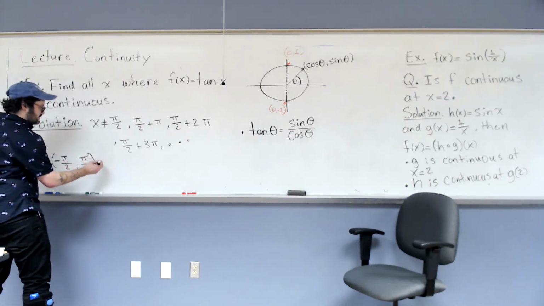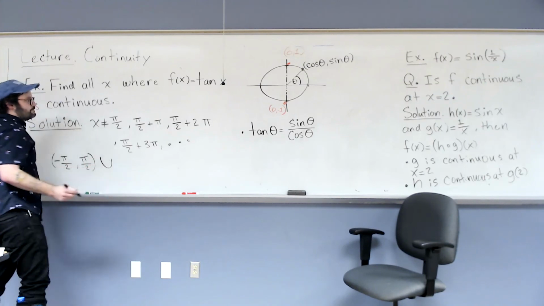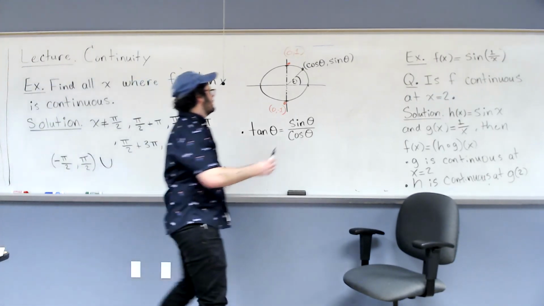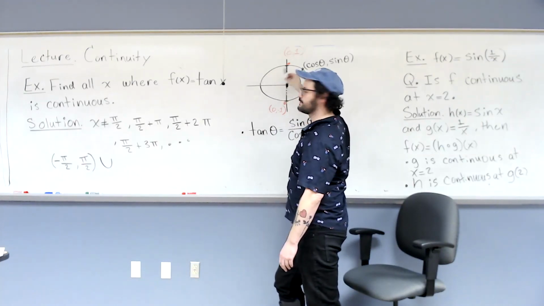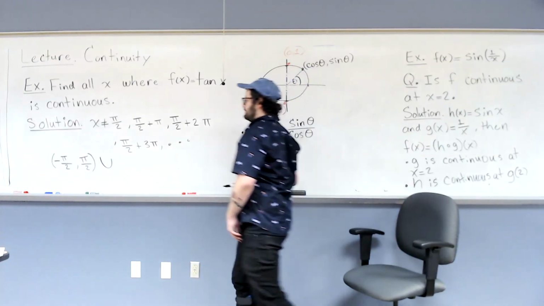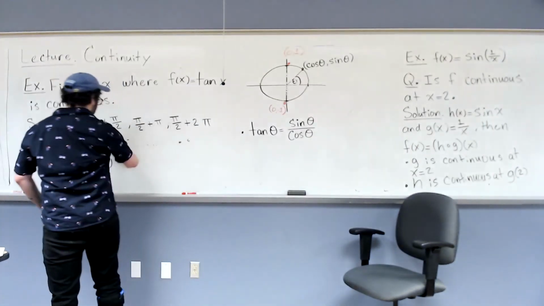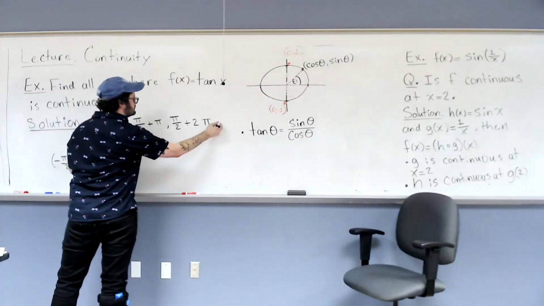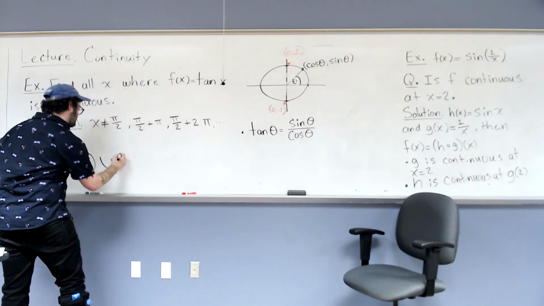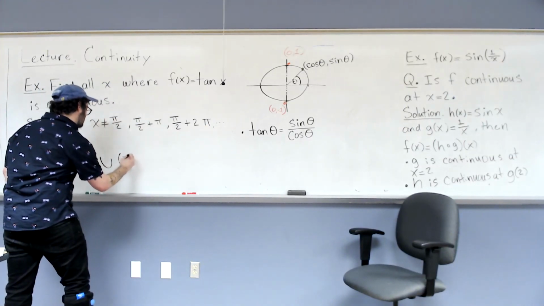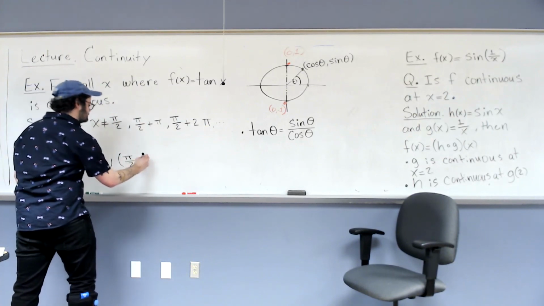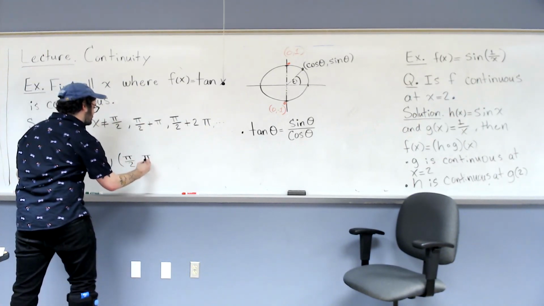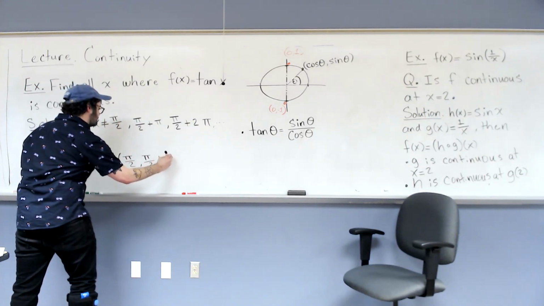But then it's going to be good from here to there, right? Non-inclusive, right? So what are all those values? So another open interval would be pi over 2 to pi over 2 plus pi.